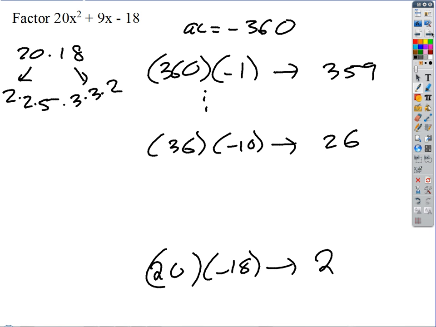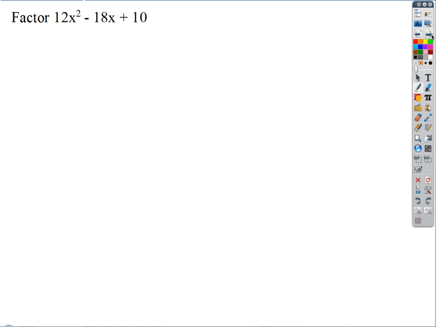Okay, the other thing. What would you do here? Well, actually, there is something here. If I tell you to factor this, it's got an a that's not equal to 1. So what's your first instinct? A times c, then split b, which would work. But there's something else here that's going to help.